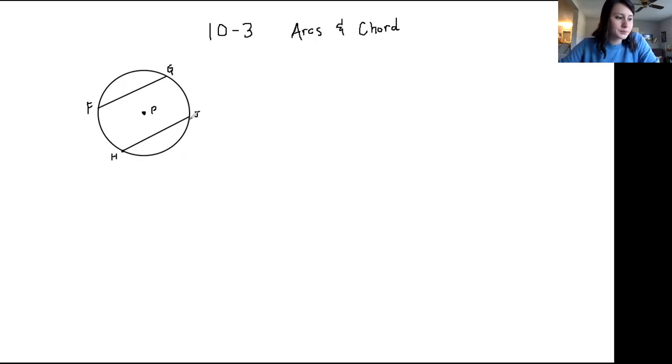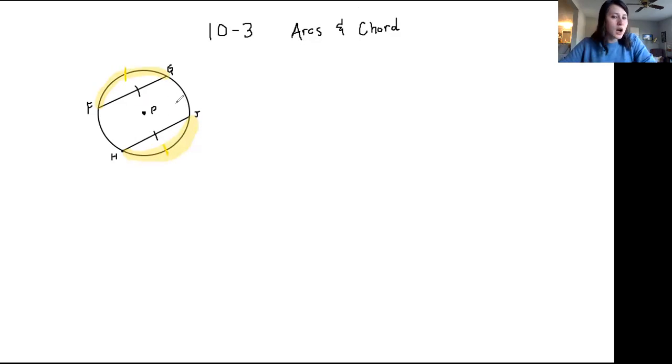So here's the deal. If you have chords that are congruent, what will end up happening is that your arcs that are created by the chords would also be congruent. So I'm going to say these two arcs are also congruent.